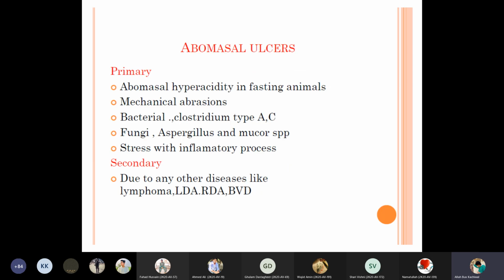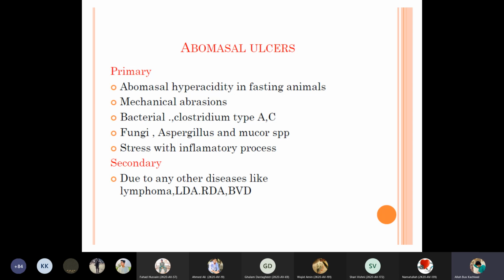The abomasal ulcers: primary causes are abomasal hyperacidity in fasting animals, mechanical aberrations, bacteria like Clostridium type A and C, fungi like Aspergillus and Mucor species, stress with the inflammatory process.